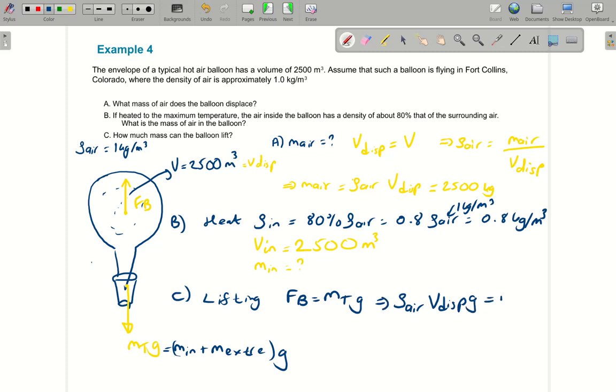And that should be equal to m total times g. Input m total, you'll find the air in mass here, put it. You're asked to find how much extra mass I can put in and lift with that balloon. And that m extra you will find should be 500 kilograms.